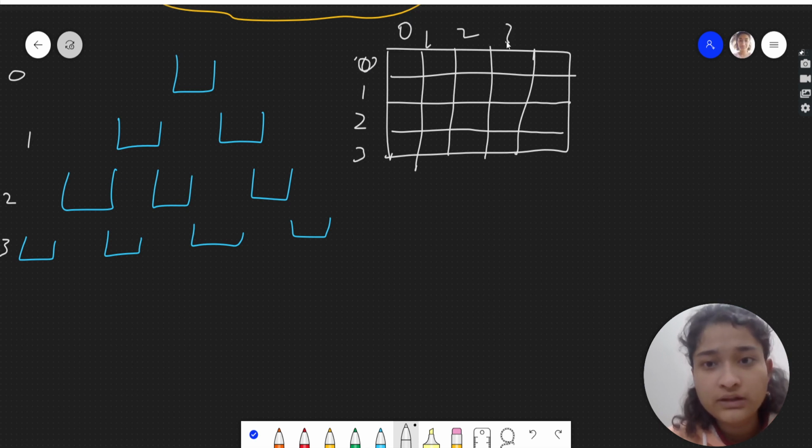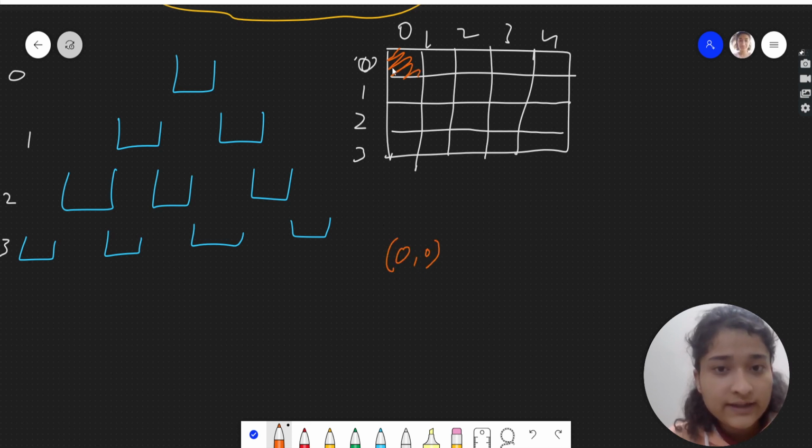So this first glass will be stored here at 0 comma 0. Then its left glass will be stored here, and the right glass will be stored here.